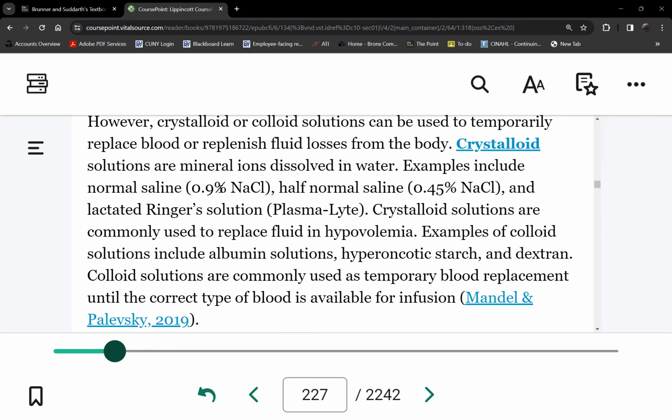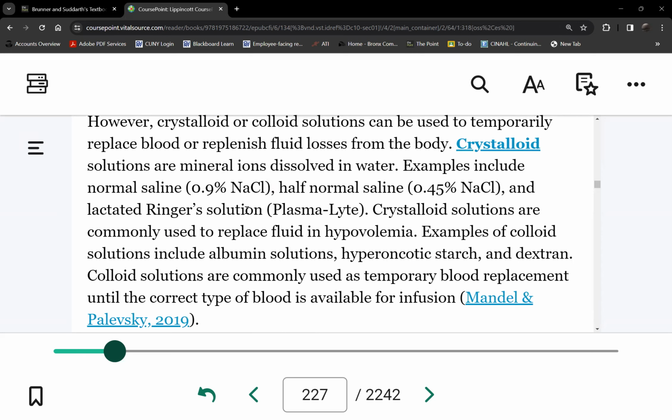So how did they decide? 0.9% sodium chloride and LR have the same concentration as plasma. What is plasma again? The liquid portion of our blood. When you get a blood sample, what makes it red? The red blood cells.